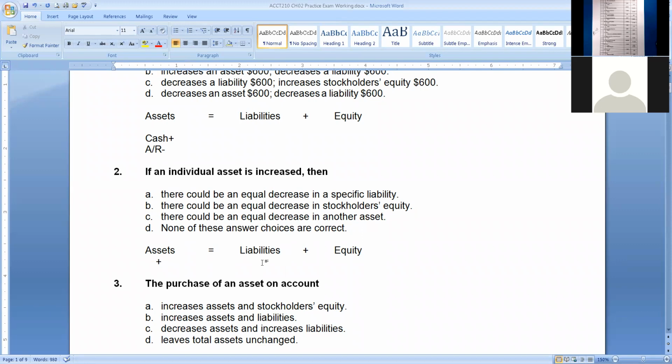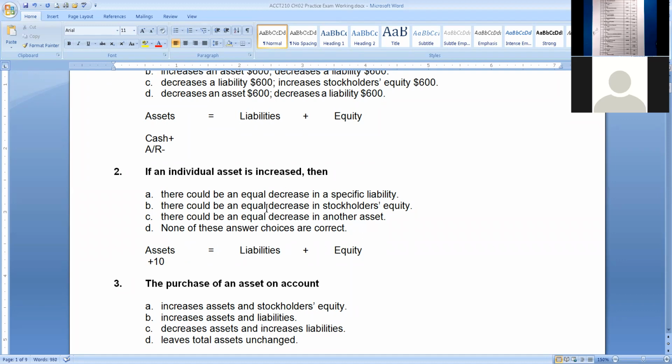Well, then it's not going to balance. For example, let's put a number in here. Let's say this side goes up by $10. Now the liability goes down, it's not going to balance. You can't have one side up by 10 and the other side down by something.